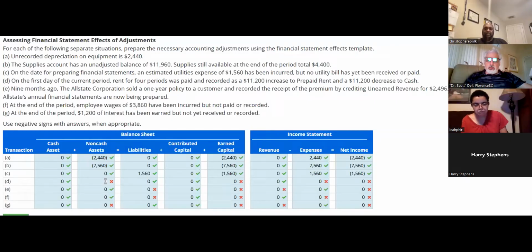So I'm going to make another T account for our prepaid rent. You're right, we put 11.2 here. And our prepaid rent is going to go down by one quarter.